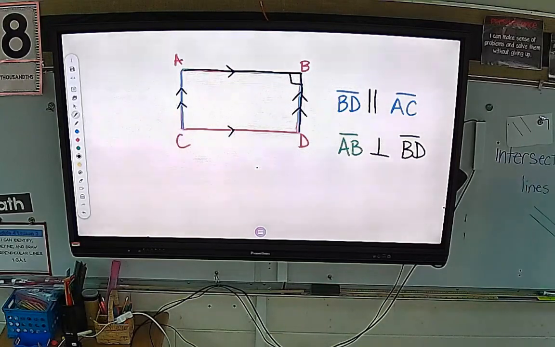Add on to that. They can form right angles, but they can also have other angles. Intersecting lines don't have to form right angles, but they can. Perpendicular lines are special intersecting lines. Intersecting lines just run into each other.